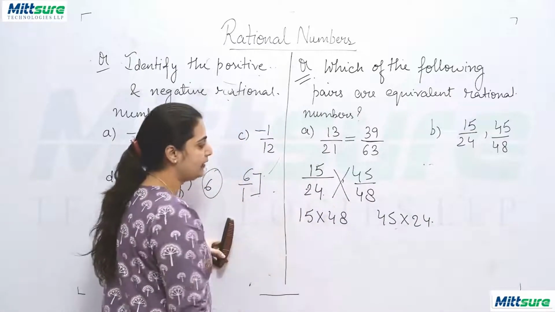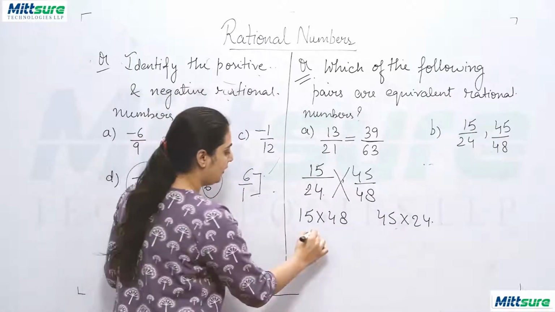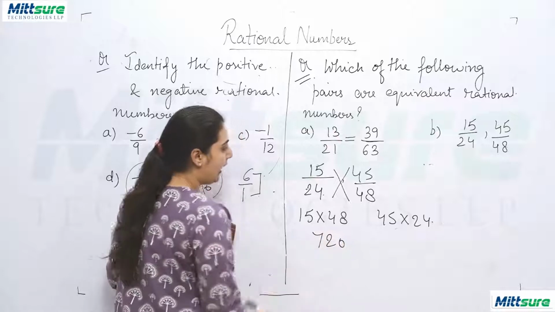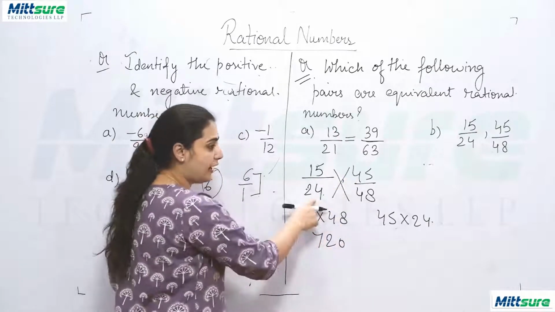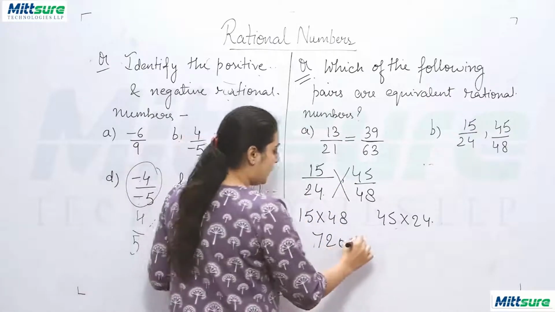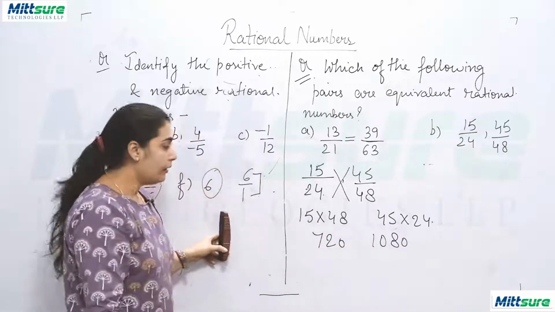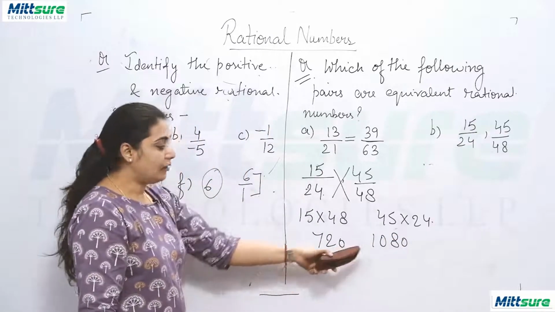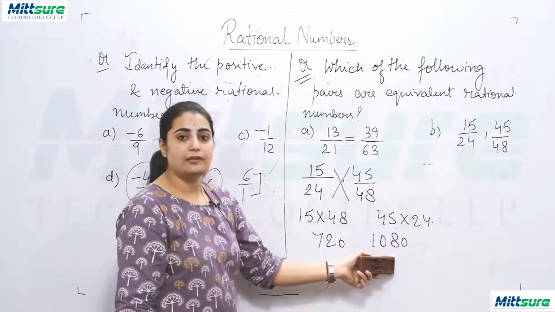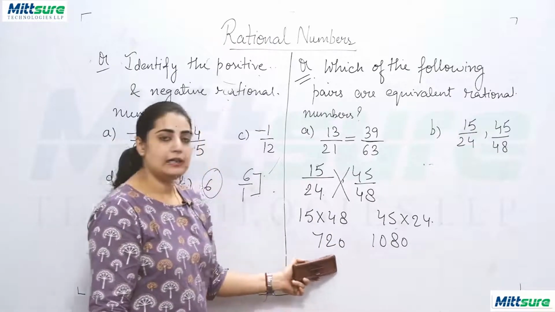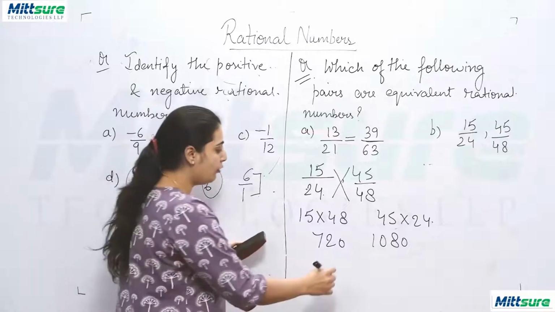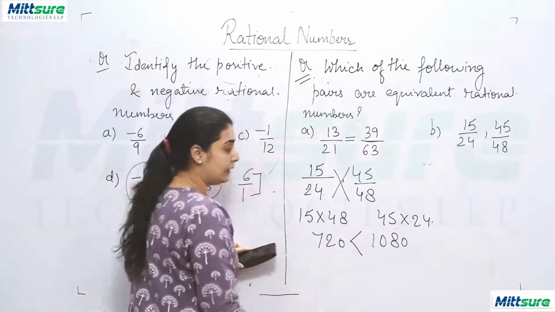On multiplying 15 into 48, we get 720, and on multiplying 45 into 24, we get 1080. So we can easily make out the difference: one product is greater and the other one is smaller. So obviously this is greater.